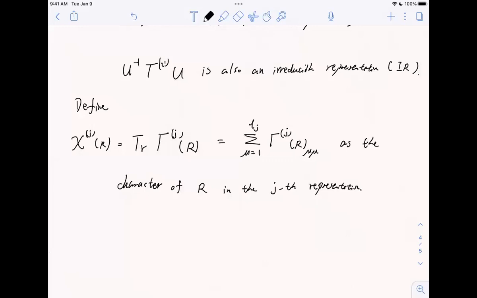If you make a similarity transformation, what is the character?